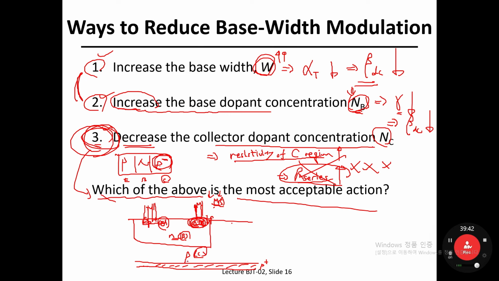So if this p-type doping concentration has been decreased, then the bad news is our collector series resistance would be increased. How to remove or how to reduce the collector resistance? The answer can be found here. P plus, a very heavily doped P plus regime has been attached below the collector region.